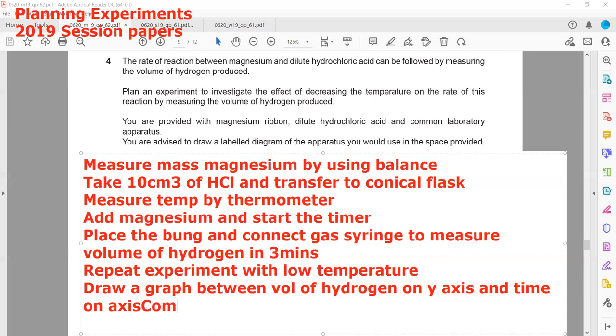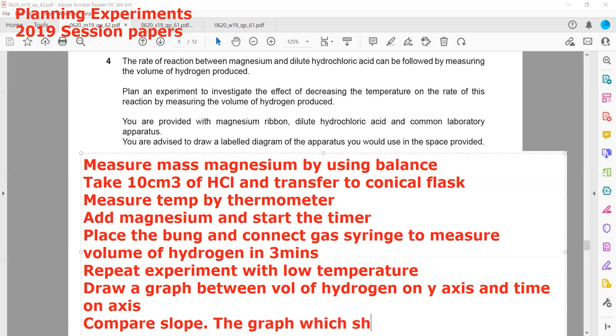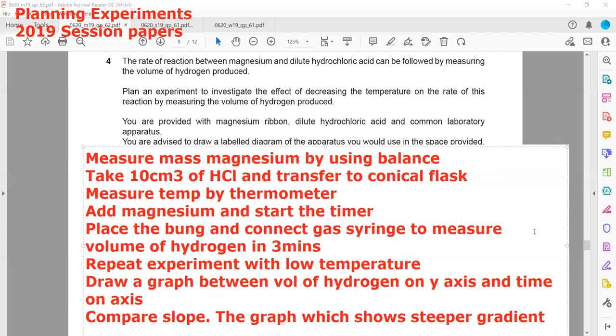Then compare the gradient of the graph: the one which shows a steeper gradient is the fastest.